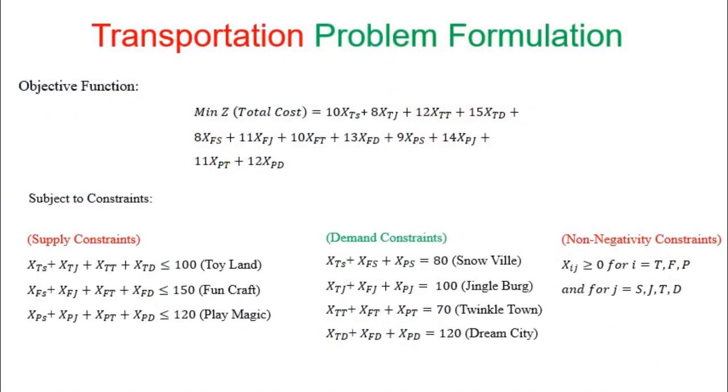So this is the entire LPP formulation, the transportation problem formulation. First is your objective function. Your objective is to minimize what? Your total cost. So minimize Z equals to, now what was the cost of supplying one toy from the workshop Toyland to the city Snow Village, that is TS.